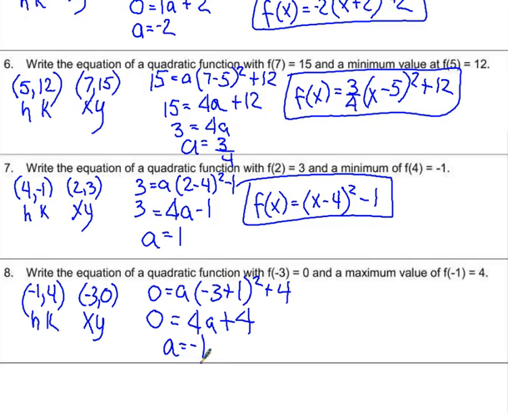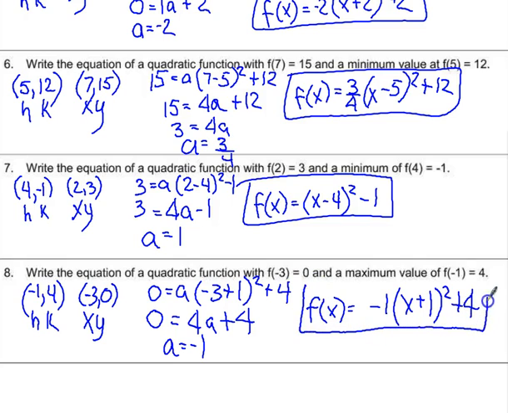Last step, we plug it into the vertex form of the equation, and we get f of x is equal to negative quantity x plus 1 squared, or we could say negative 1 times the quantity x plus 1 squared plus 4. All right. That's the equation they were looking for.